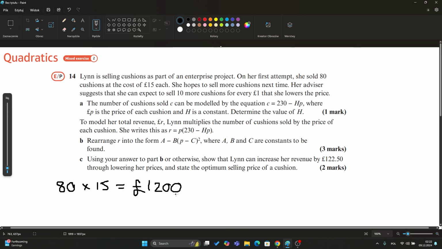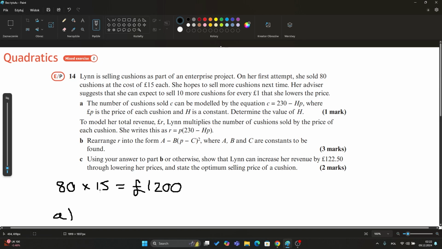Her advisor suggests that she can expect to sell 10 more cushions for every pound that she lowers the price. The number of cushions sold C can be modeled by the equation C equals 230 minus HP, where P is the price of the cushion and H is a constant. Determine the value of H.